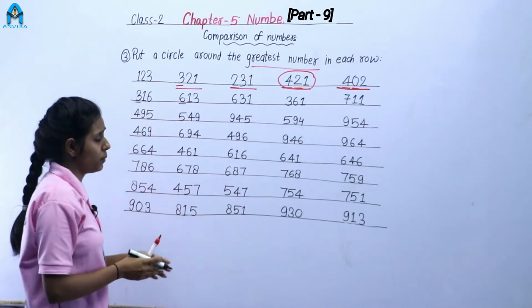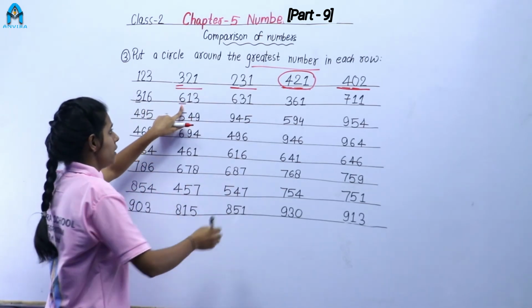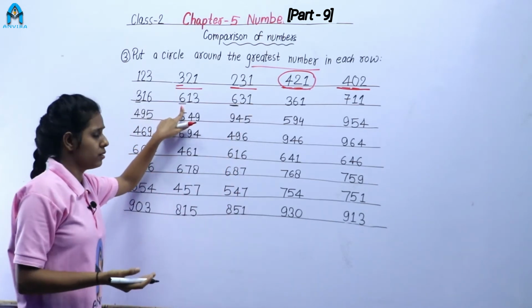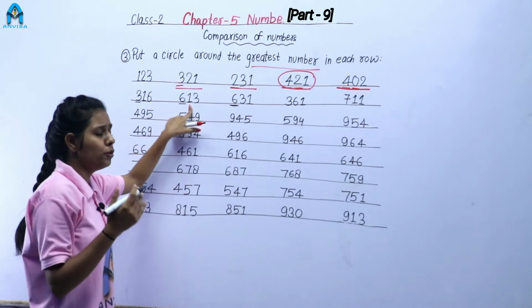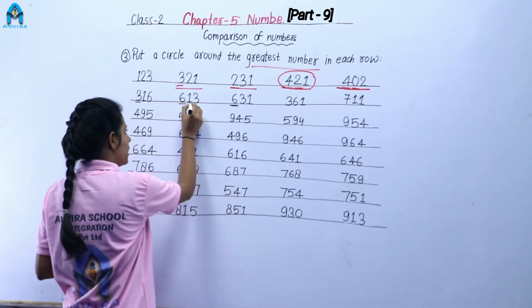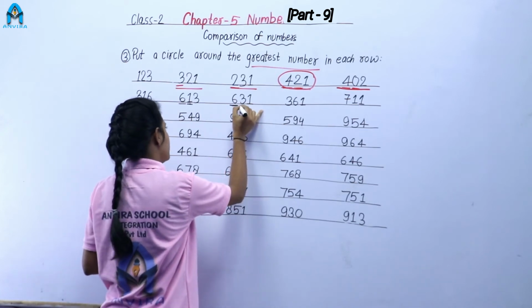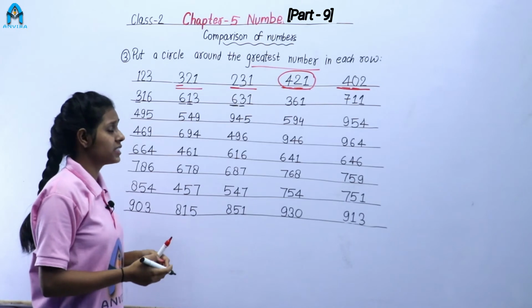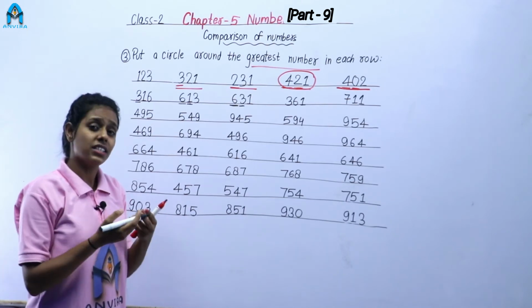On hundreds place, this is 600 and here is also 600. Now, let's go to the tens place. So, here is 1 tens and here is 3 tens. Which is greatest? Yes, 3 tens is greatest.